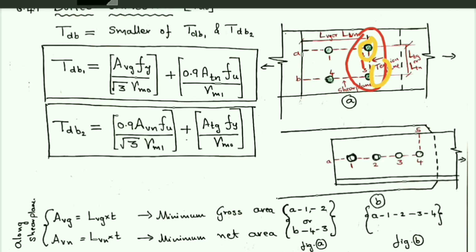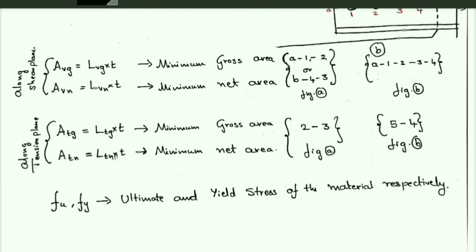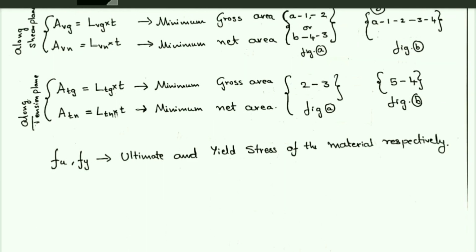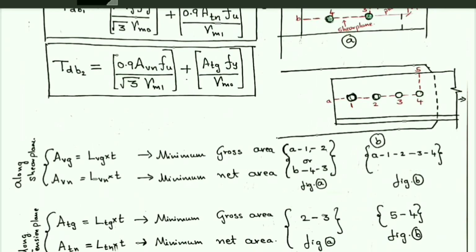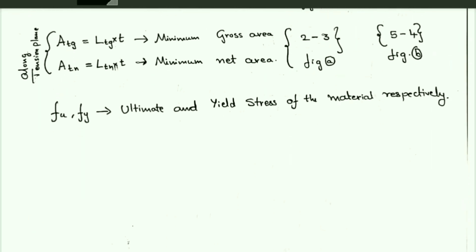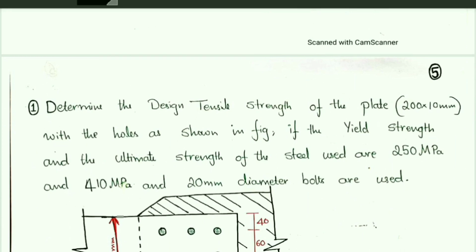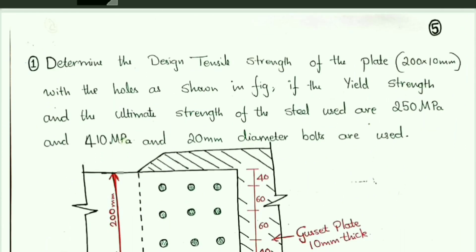So the reduction will be 1 bolt, and in this figure the reduction will be 0.5. Only 1 bolt is there, but from the center of that bolt you will consider, so a 0.5 reduction you need to consider. Okay, so these are the three design strengths. The minimum of these 3 values will be considered as the design strength of the tension member.